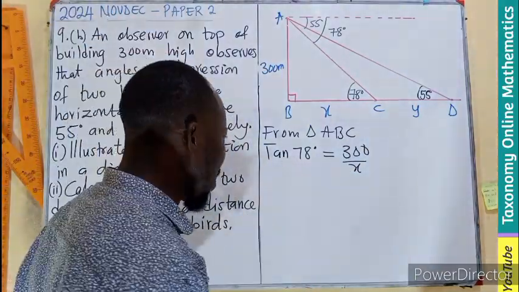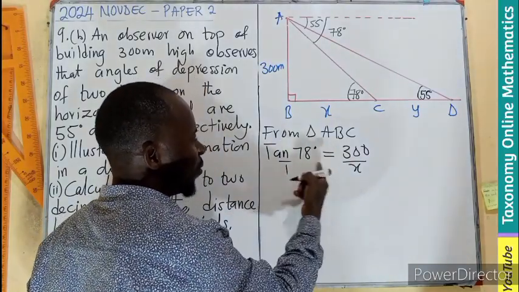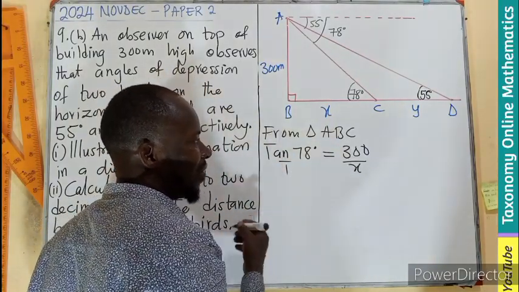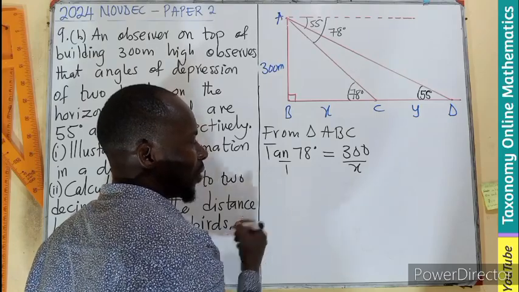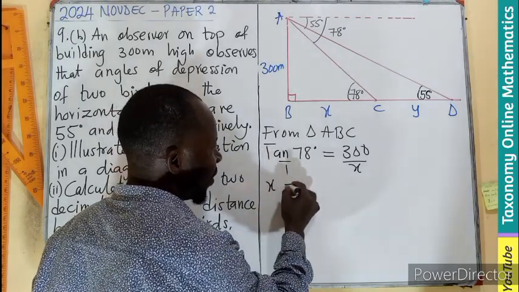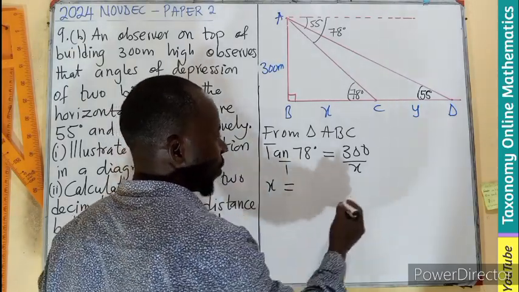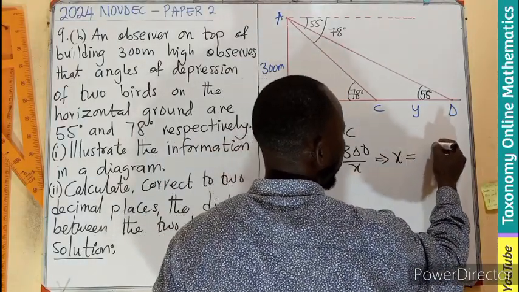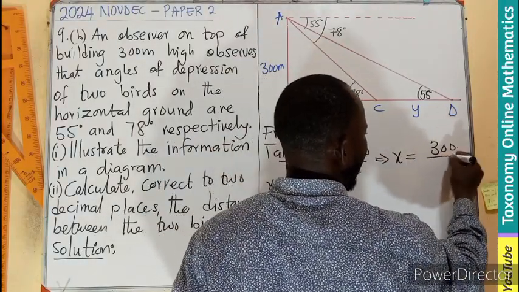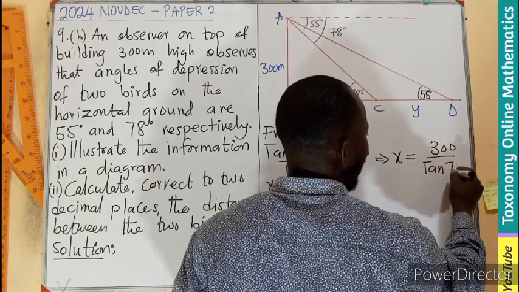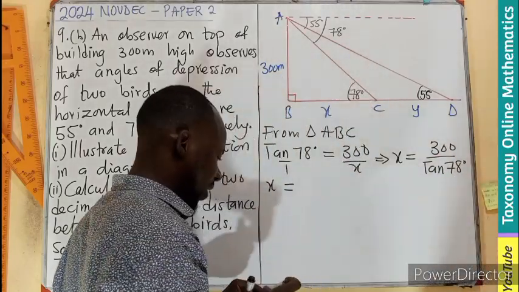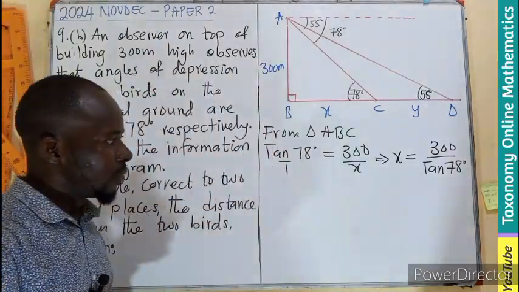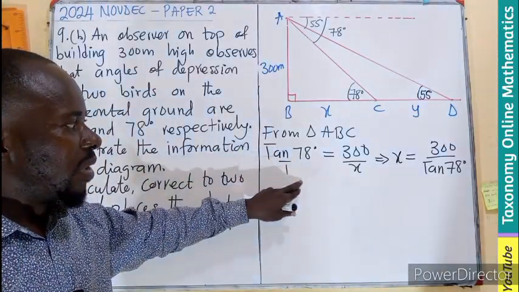We can cross multiply here, then divide by tan 78. So x equals 300 divided by tan 78. That is from the first one.